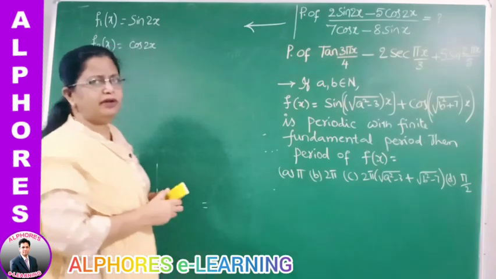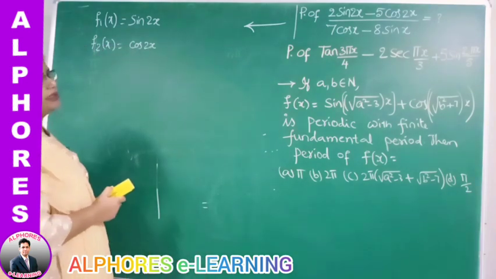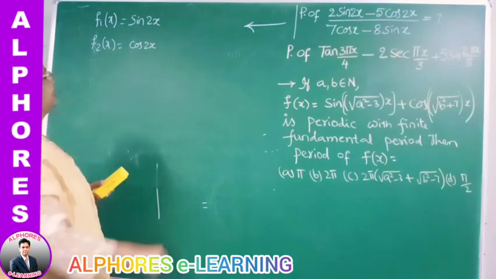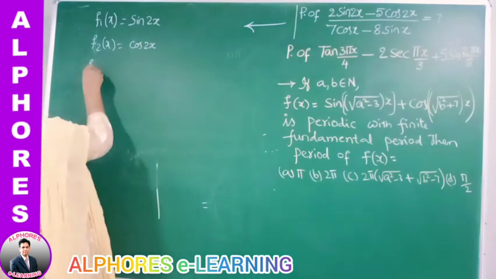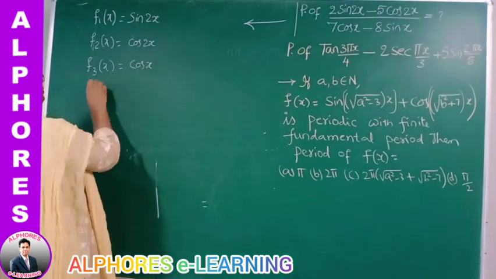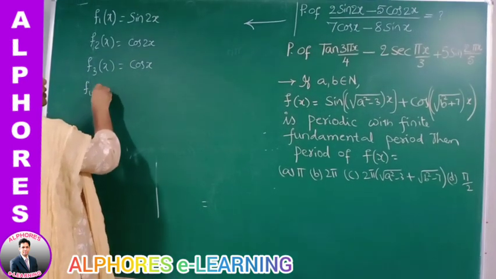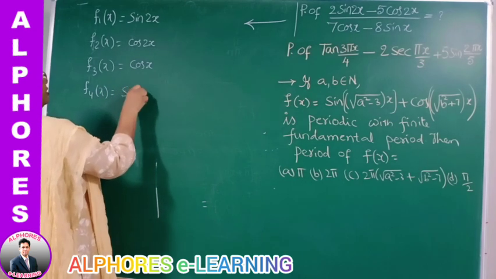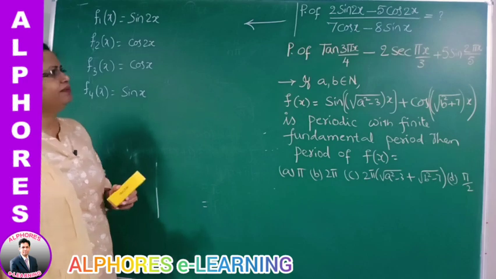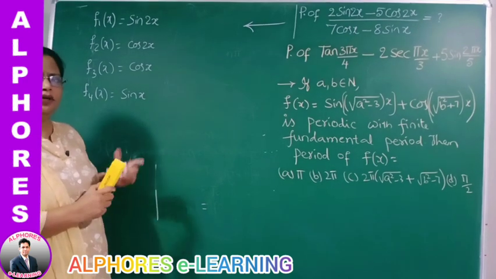We don't bother about all those values. Our concentration is wherever x terms are present, concentrate there itself. So this is again f3 of x and it is equal to cos x. f4 of x is nothing but sin x, right? So individual functions we collected everywhere, and for these functions you need to find the periods.